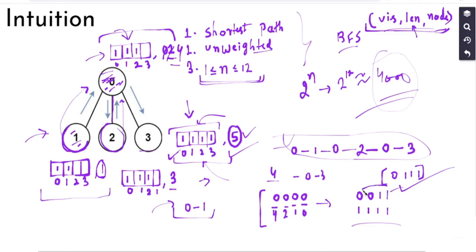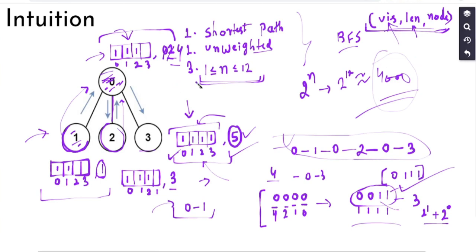So this can be represented in decimal form as 3, because this set bit is at first position, that means 2 raised to the power 1, and this set bit is at 0th position, so 2 raised to the power 0, which is going to give me 3. So instead of passing this visited array, I just pass an integer number. Fine, that's the idea. That's called bit masking.